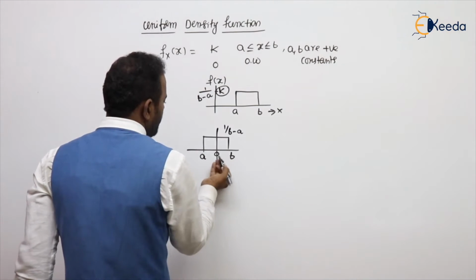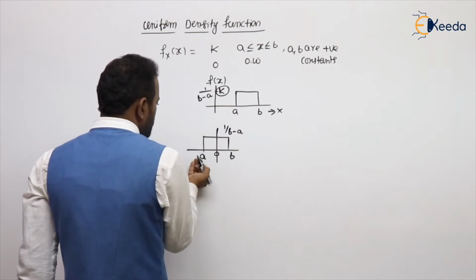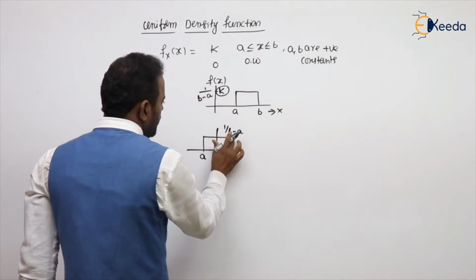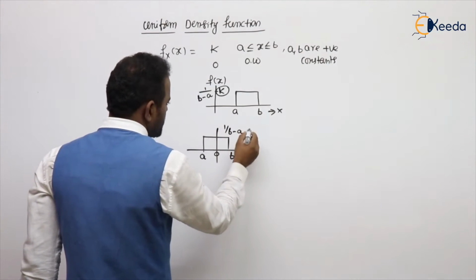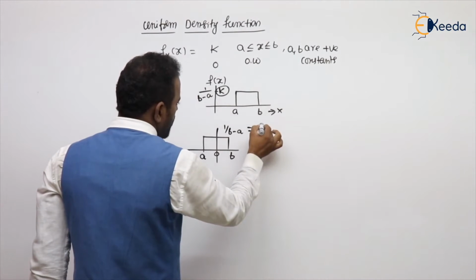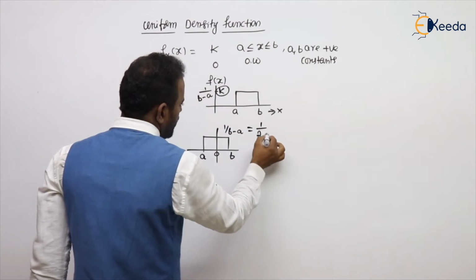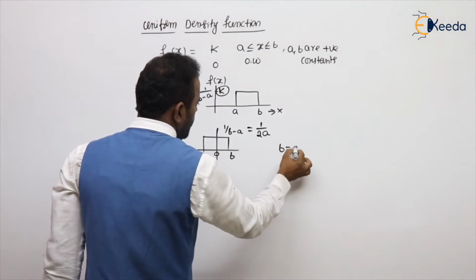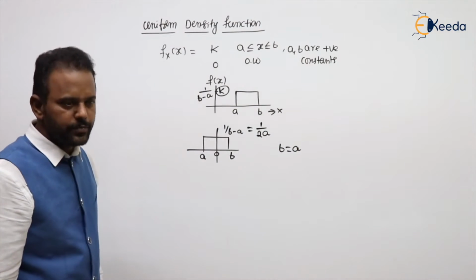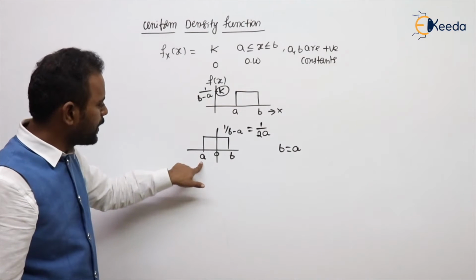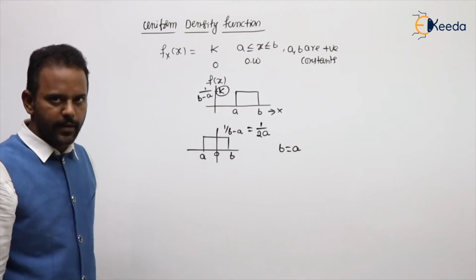For example, b value is a. Of course, this is the negative side, so a minus of minus a. A minus of minus a will be plus a. So 1 by 2a. Directly you can also write when b equal to a. In such type of situations, already here a value will be negative because in the negative side it is there.